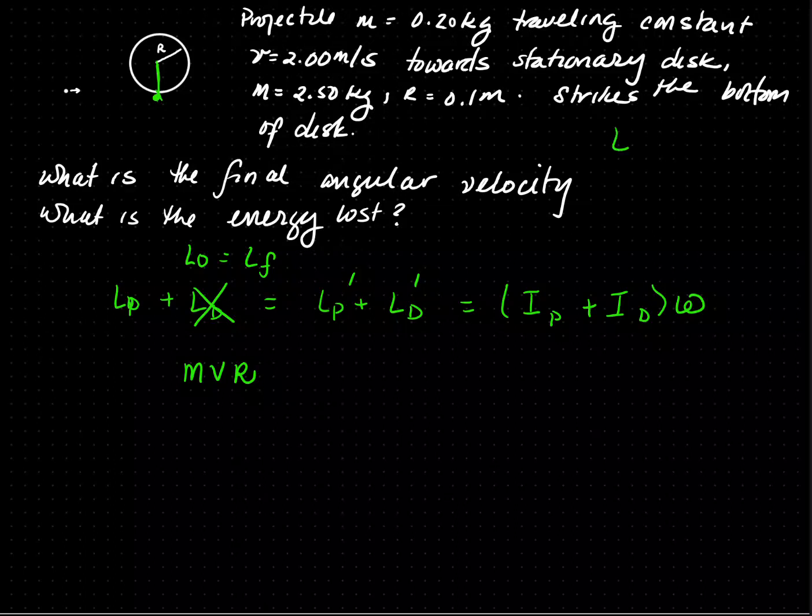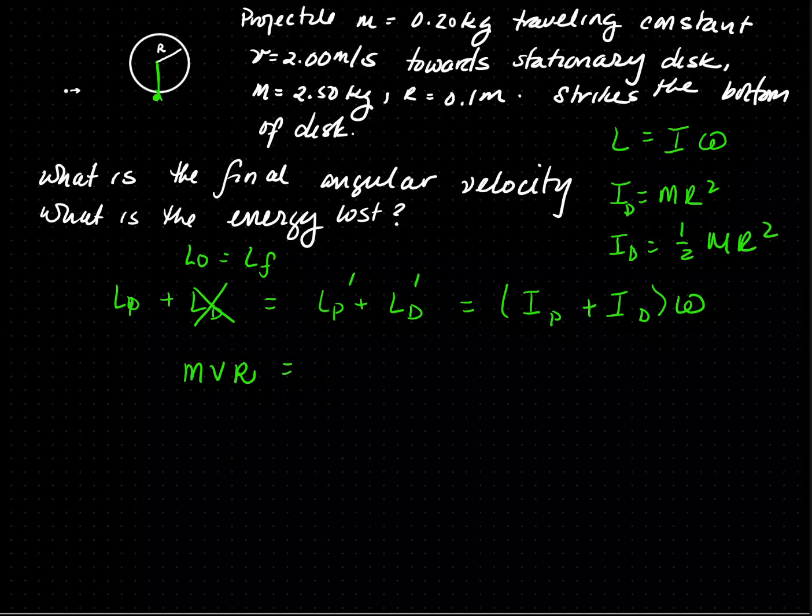Remember, the generic formula for angular momentum is I, which is moment of inertia, times angular velocity. For the particle, we know that moment of inertia is mr squared. This is the particle. For the disk, it is 1/2 mr squared.